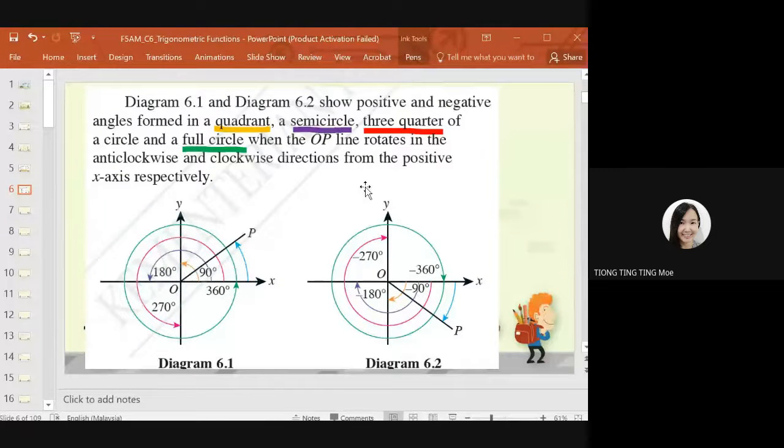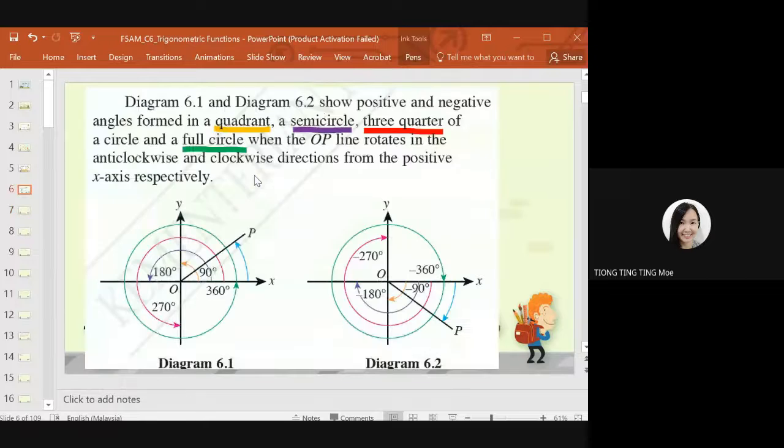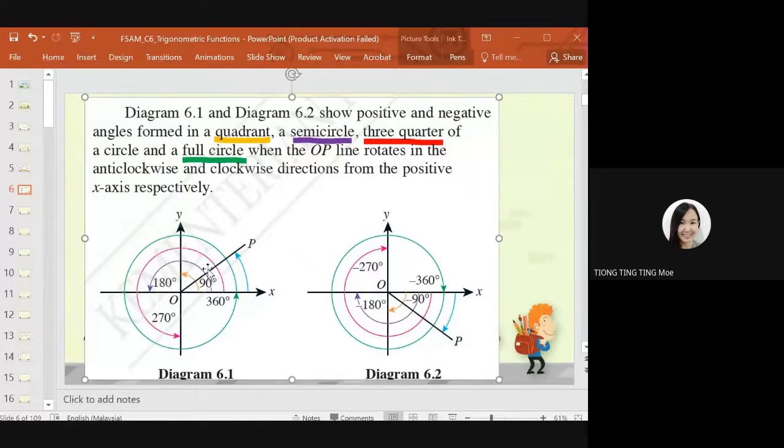Okay, so now I would like you to look at these two diagrams, diagram 6.1 and diagram 6.2. Can you tell me whether diagram 6.1 is positive or negative numbers? This one. The value here is what?